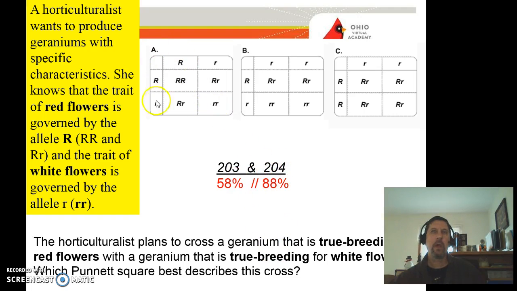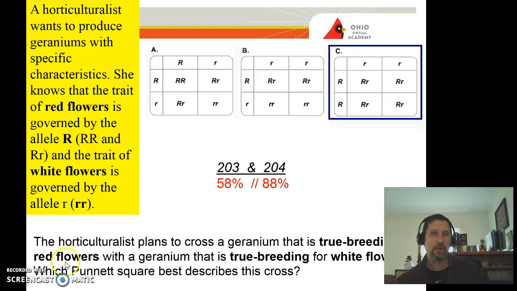So which answer is correct? A, which is given here, B, given here, or C, given here? Well, again, if they're all true breeding, we know they're going to only have one allele that's the same, so it is going to be C. C is going to be the correct answer.